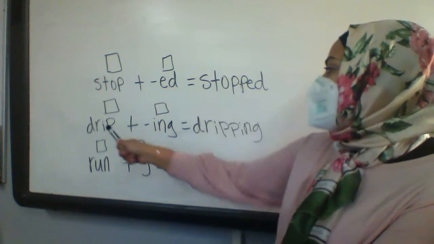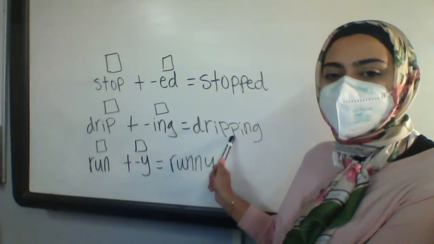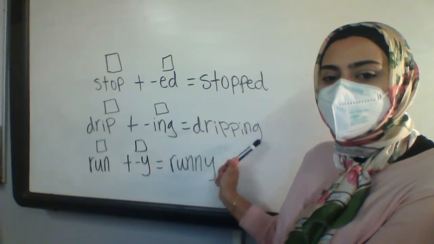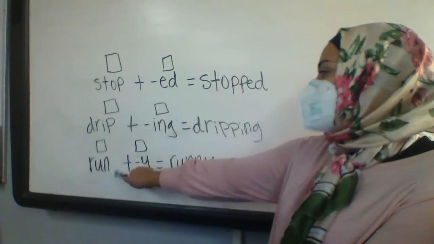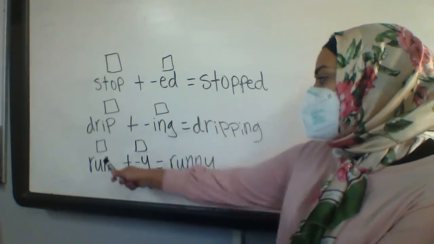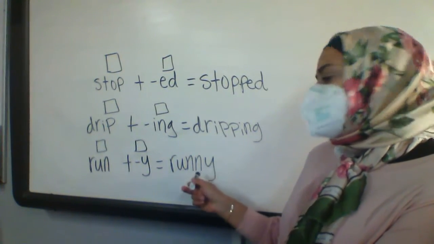S-T-O-P-P-E-D. The P in drip is doubled when you add the suffix ing. So it's D-R-I-P-P-I-N-G. The N in run, when you add the suffix Y, you double the N, R-U-N-N-Y.